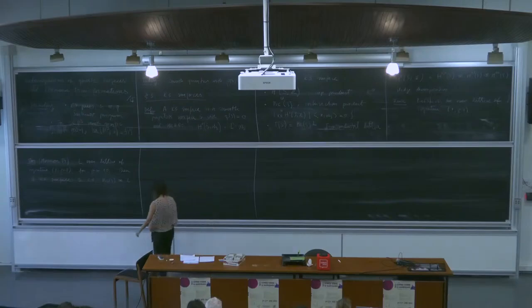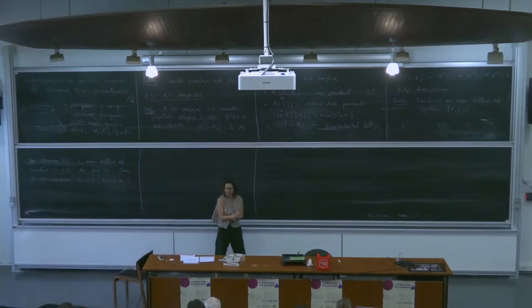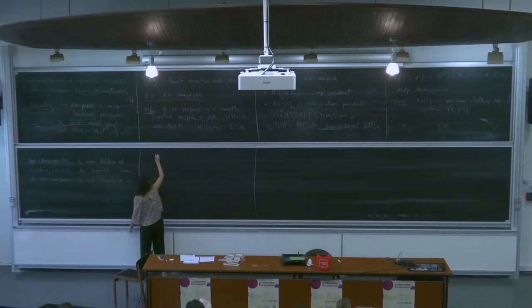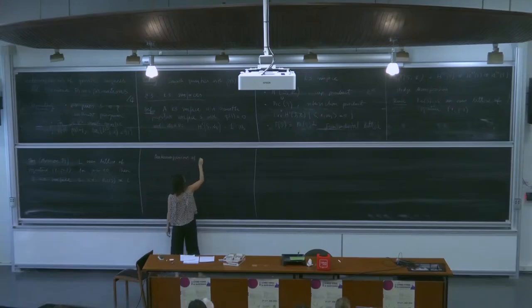Now I want to explain how we can use lattices and lattice isometries to understand automorphism groups of the K3 surface. So let me discuss a little bit automorphisms of K3 surfaces.